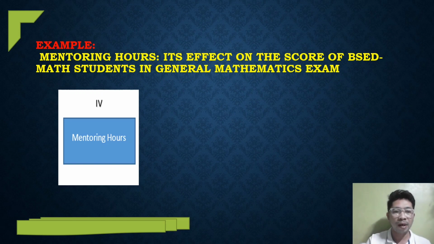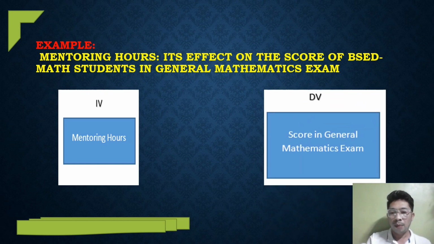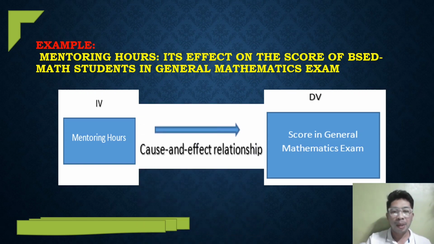Our independent variable, we have the mentoring hours, and another variable, which is the dependent variable, will be the score in general mathematics exam. Take note, as what I told you a while ago, we have the cause and effect relationship. Now the arrow pointing to the dependent variable coming from the independent variable of the mentoring hours pointing to the score in general mathematics exam.